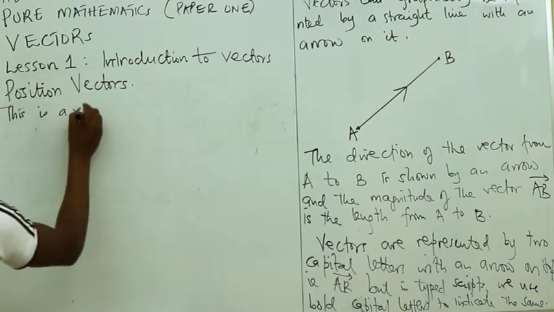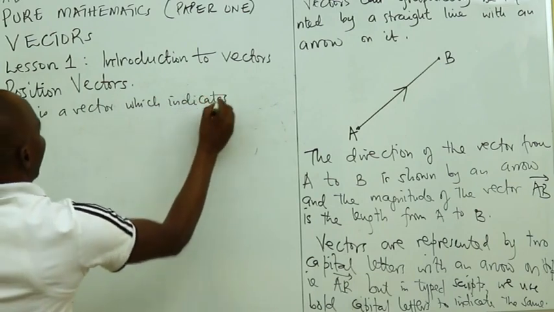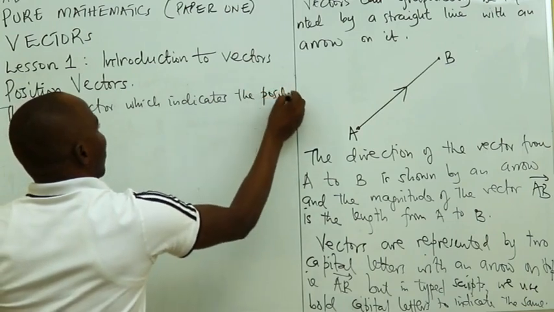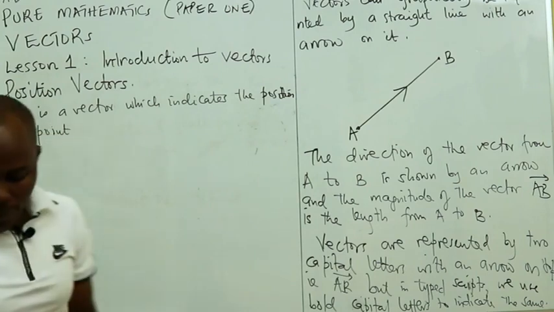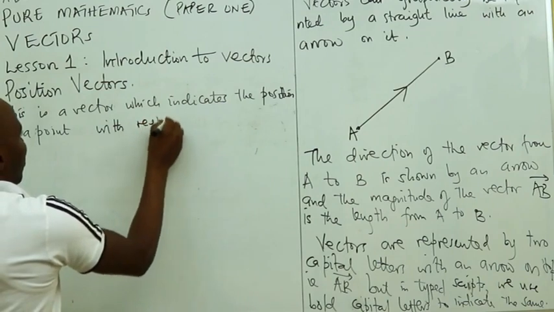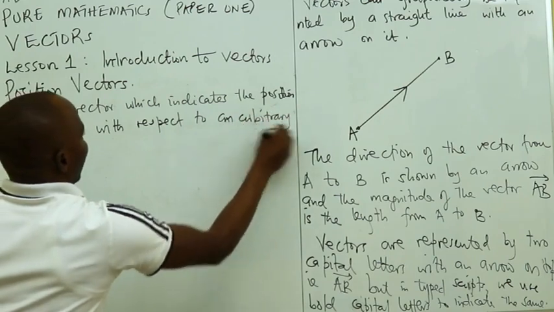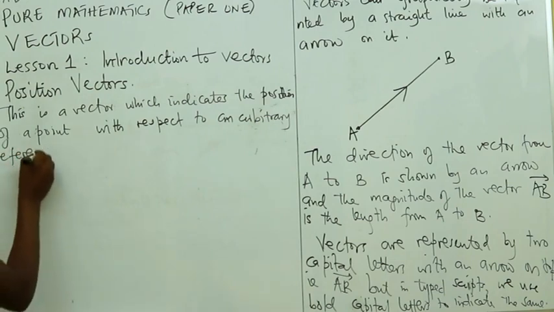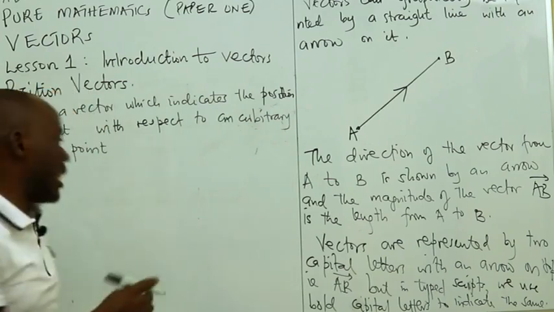This is a vector which indicates the position of a point with respect to an arbitrary reference point such as the origin.